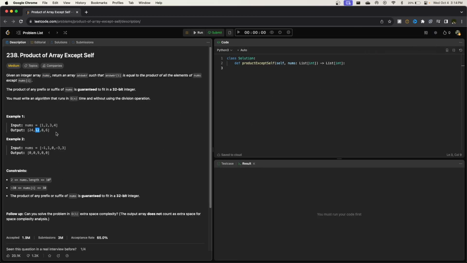So now let's look at it here in the Blackboard, where nums is equal to 1, 2, 3, and then 4. The answer array that we're returning in this case is 24, 12, 8, and then 6.